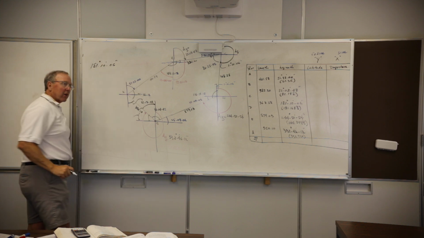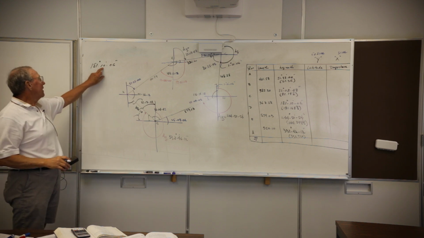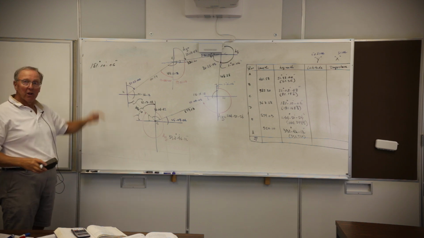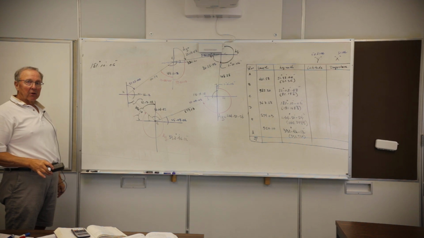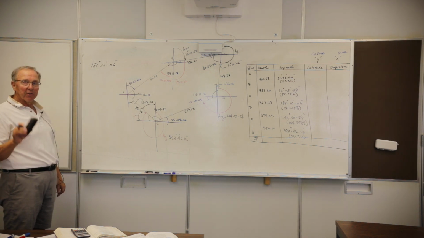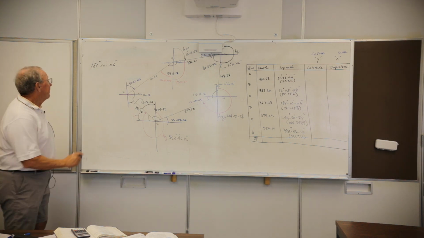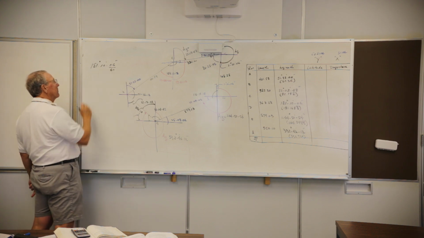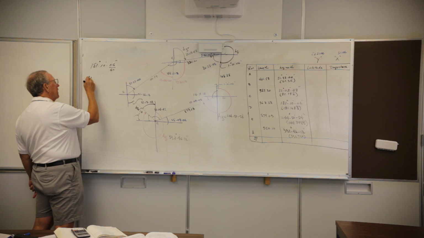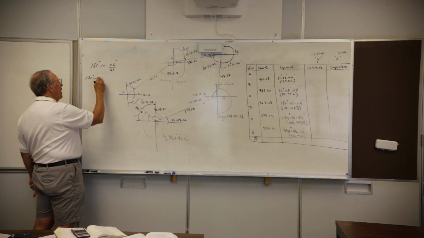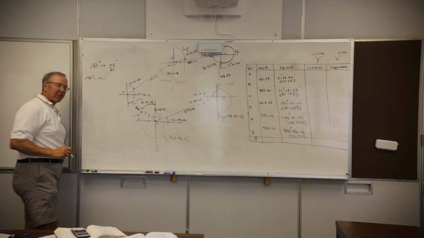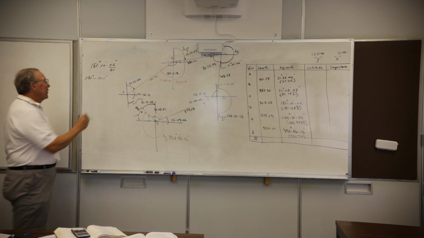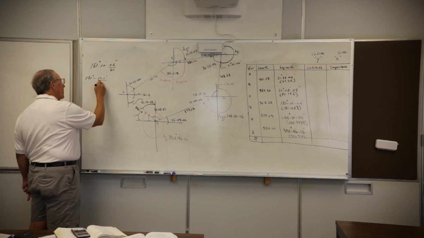If you got the construction mate, you put in 181.10.06, push convert degrees, minutes, seconds to decimal degrees, and it'll do it for you. If not, you got to take this guy, divide it by 60. So this now becomes 181 degrees, 10.1 minutes. Then you have to take the minutes and divide it by 60.